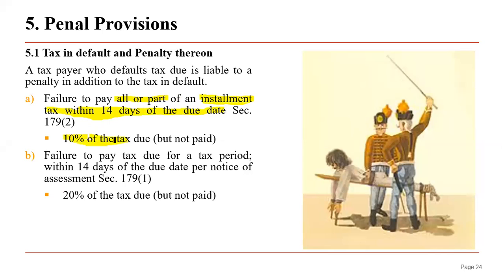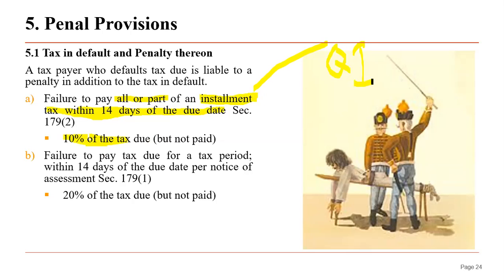Then when are they accruing the penalty? What kind of installment? Basically here it is the quarterly installment.